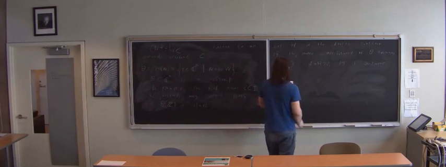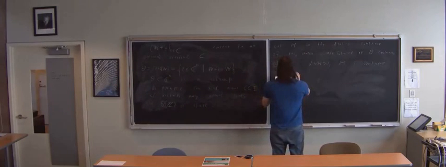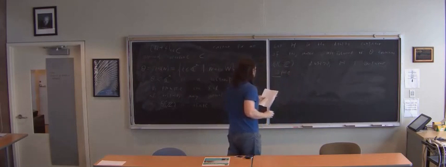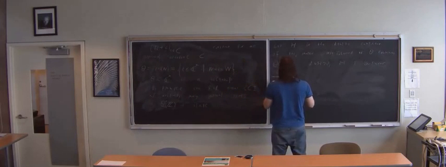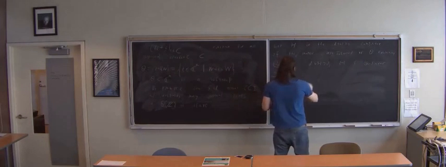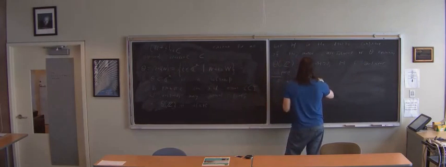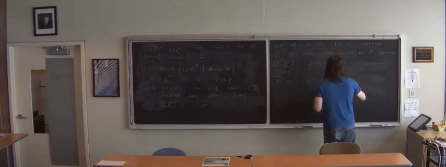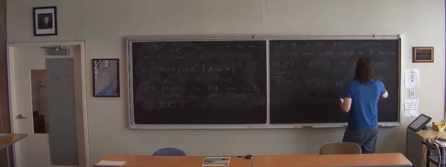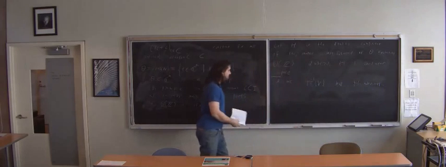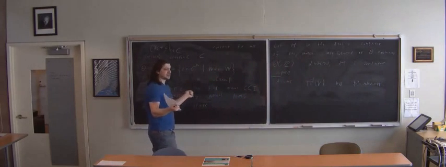Now the idea is to use rationality in the following way. Now assume, okay, so we know that W is fixed by H. Otherwise we could increase it and get a smaller counterexample.